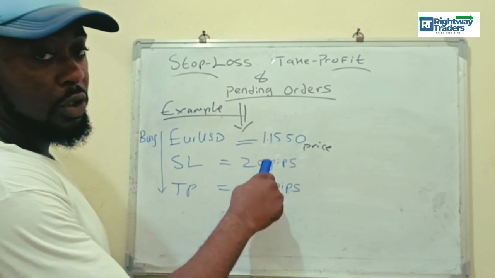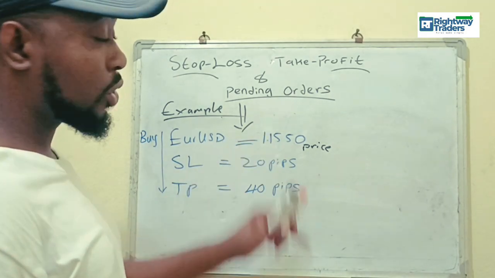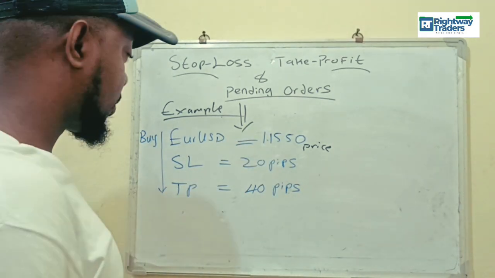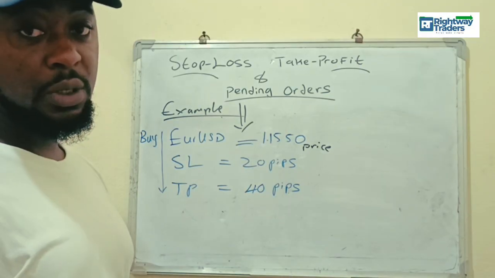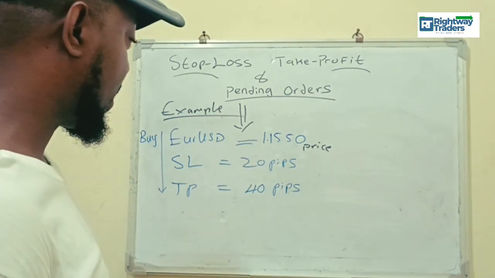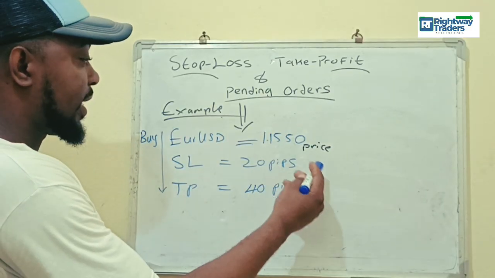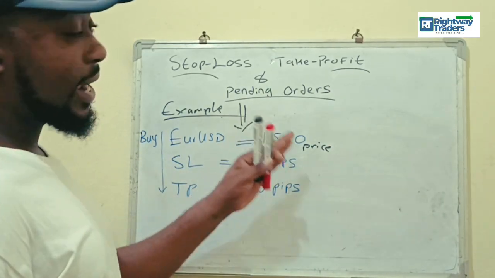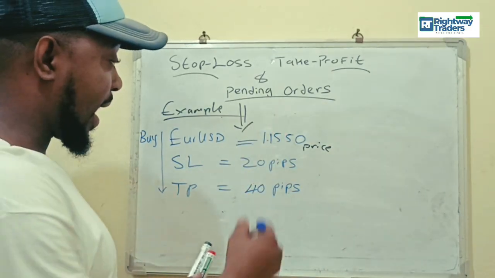Your stop loss is 20 pips, which means if the product drops by 20 pips, it will take you out. Your take profit is 40 pips, which means if the product increases by 40 pips, it will give you profit and close automatically. So let's say, for example, the current price right now is higher than this.